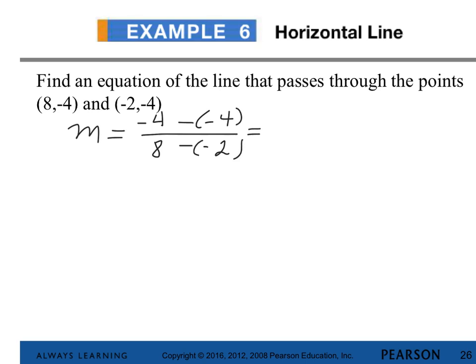-4 minus -4 is 0. 8 minus -2 is 10. Our slope is 0. We'll need to find b. We know that our slope is 0.